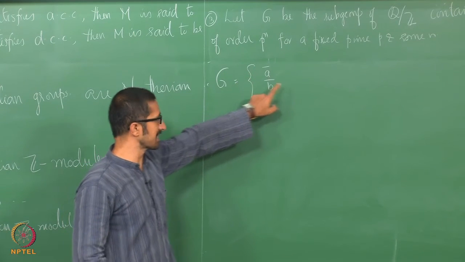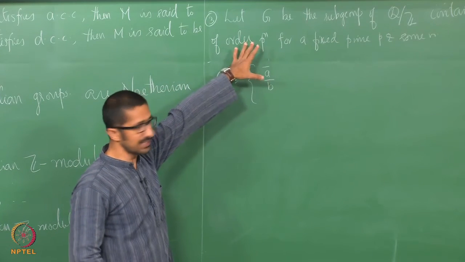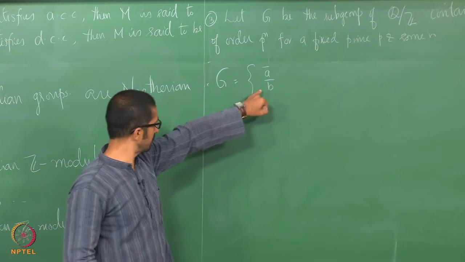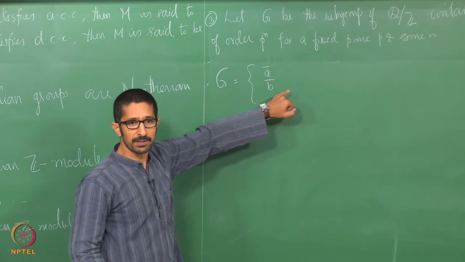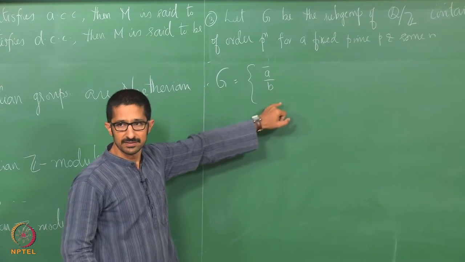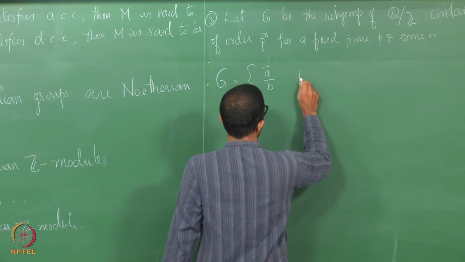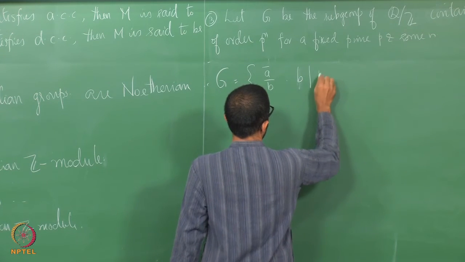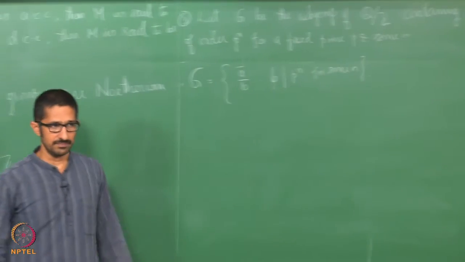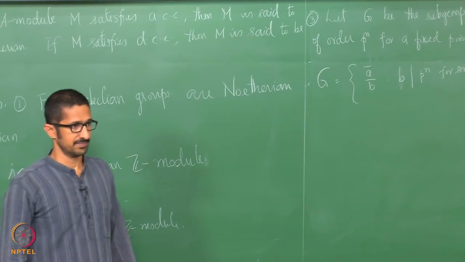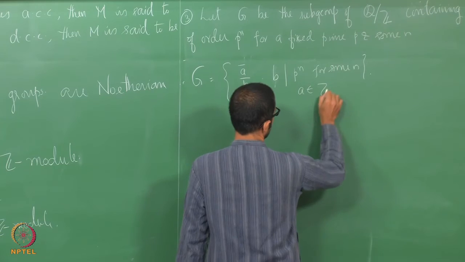You sum this up p power n times, it should be 0, but what is 0 here? Integer. Or in other words, b should divide p power n, right. So, therefore, what we are looking at is a by b, and a is any integer.